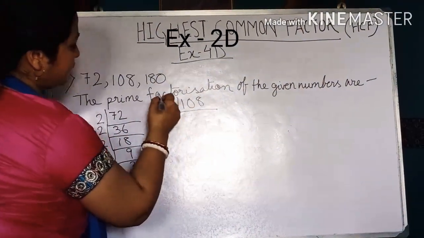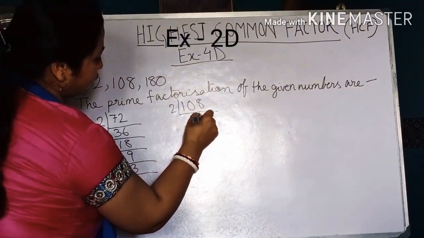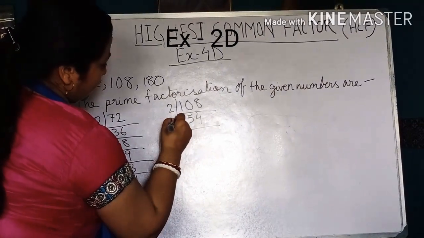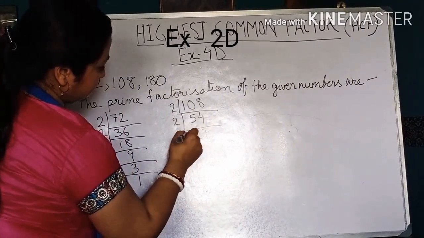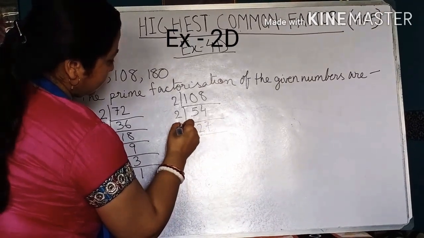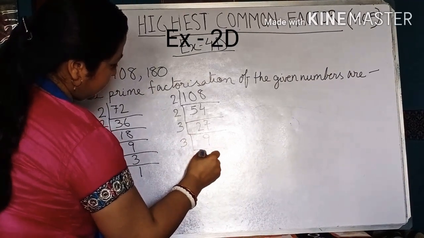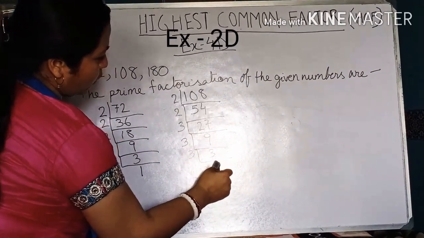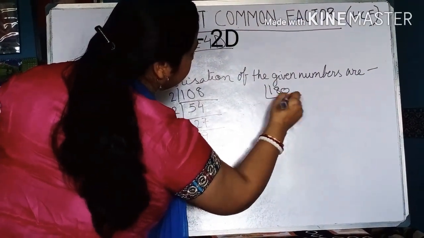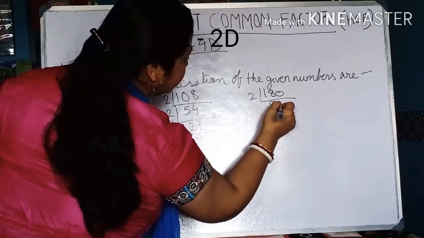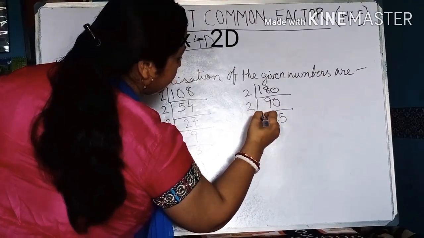Again it's an even number. It will be divisible by 2. 2 fives are 10, 2 fours are 8, 2 twos are 4, 2 sevens are 14, 3 nines are 27, 3 threes are 9, 3 ones are 3, and 180. 2 nines are 18, 0. 2 45.